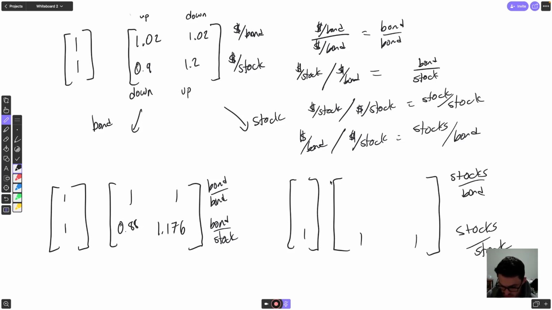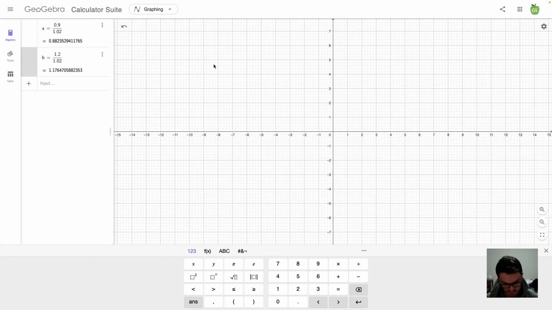Now in this top row, we're doing dollars per bond, and then we're going to divide it by dollars per stock. So dollars per bond is 1.02, divided by dollars per stock, 0.9.